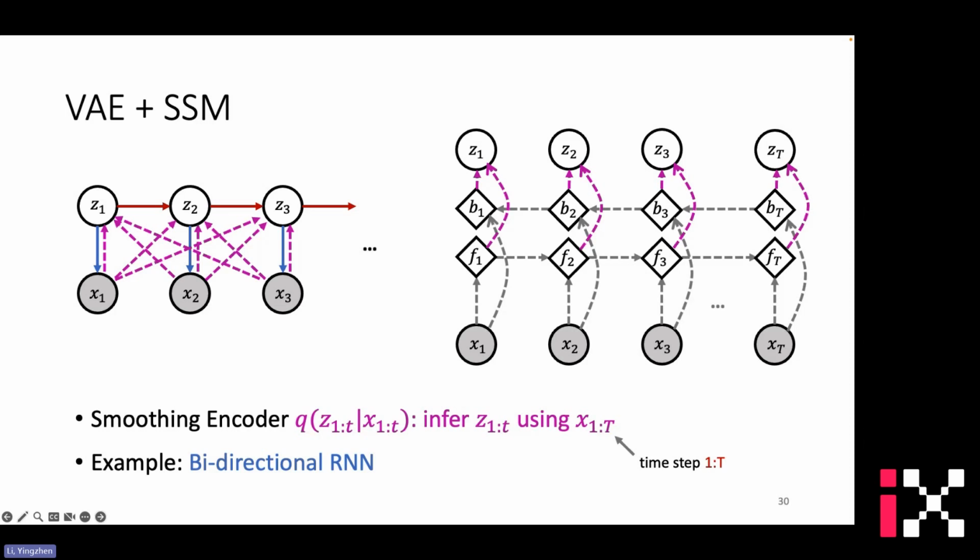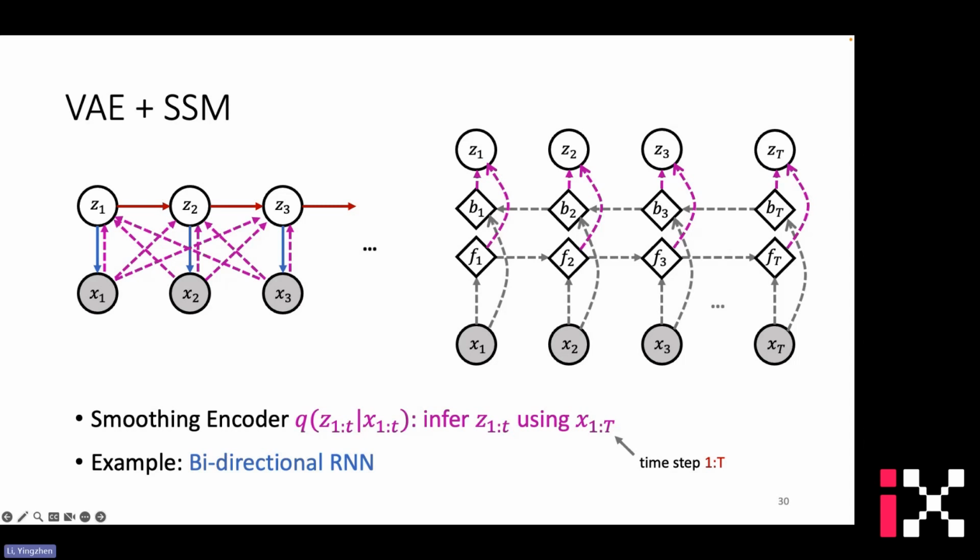One RNN is h1 to hT for the forward direction, and another RNN is bT to b1 for the backward direction. So now instead of only using information at ht, you need to think about how to combine ht and bt at every single time step t. Use a neural network to combine these two RNN states at each time step to output the mean and the variance of the Q distribution.